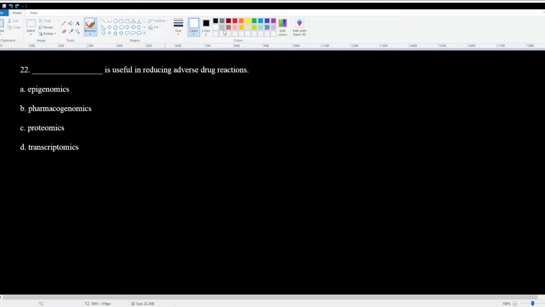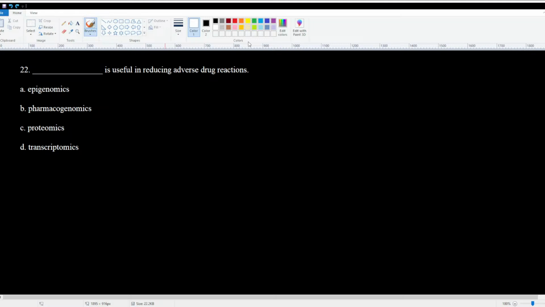Pharmacogenomics is a field of study in which we discover how our genome affects how we break down or metabolize drugs. So pharmacogenomics would be incredibly useful in reducing adverse drug reactions for the following reason. Let me give you an example. Last semester, I did a project on codeine, and in fact, you could find that video on my YouTube channel. Codeine is a really inefficient medication because some people metabolize codeine really, really well. Some people metabolize it really, really poorly. So what do you use codeine for?